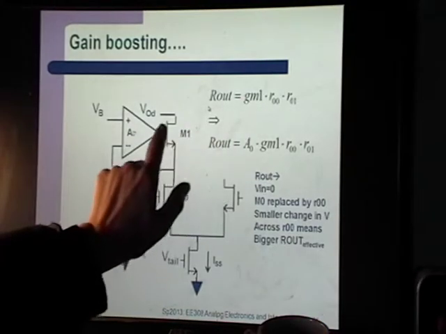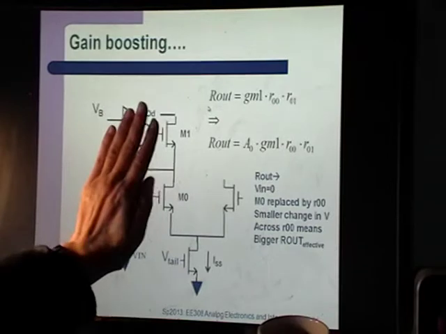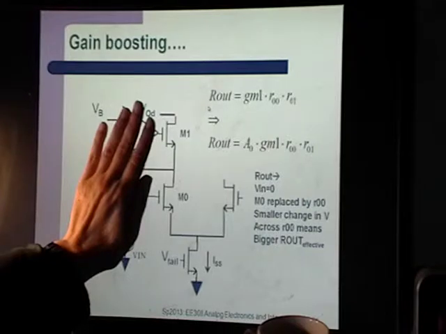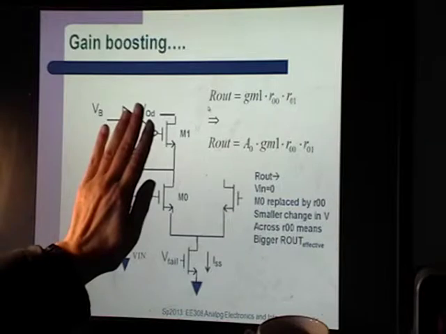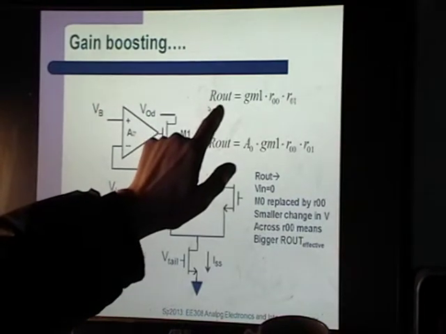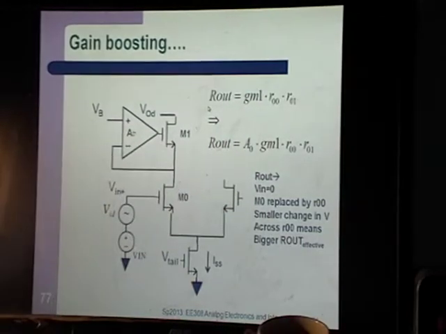So the transconductance of this transistor times the RO of this times the RO of that. Okay. Gain boosting is kind of an interesting way. You're still increasing this R out, but the way you're increasing this R out is by increasing the GM of this transistor right here.